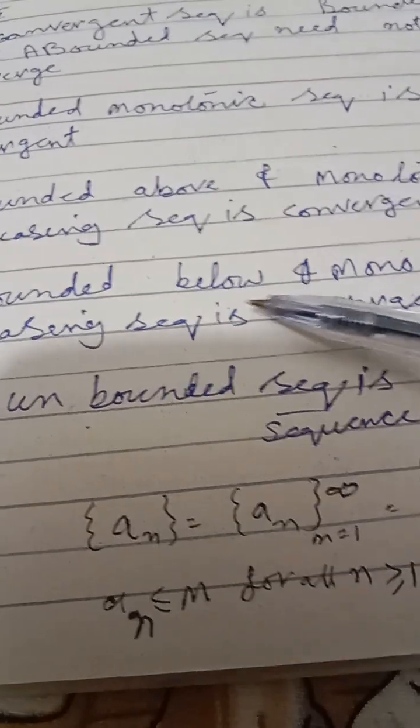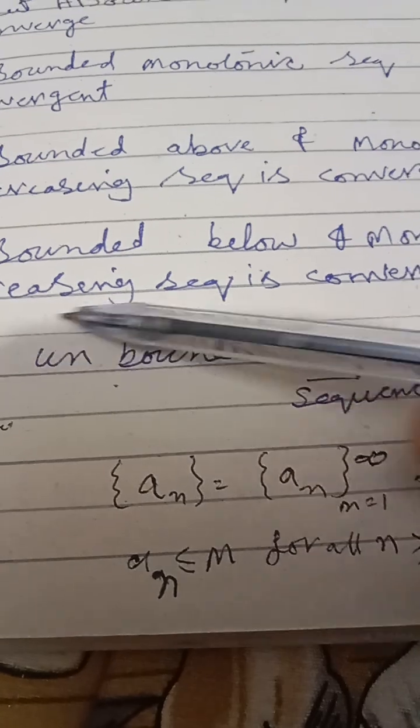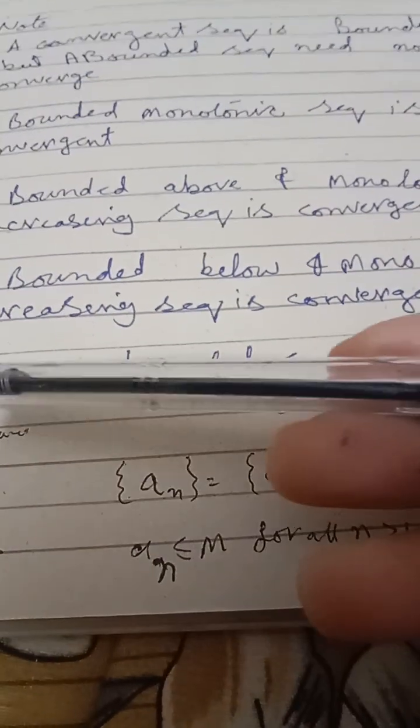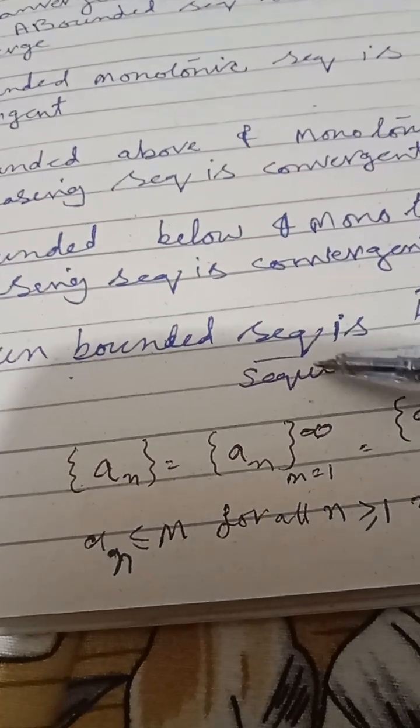A sequence bounded below and monotonic decreasing is convergent. An unbounded sequence is divergent.